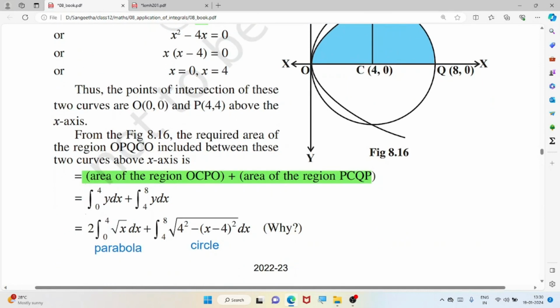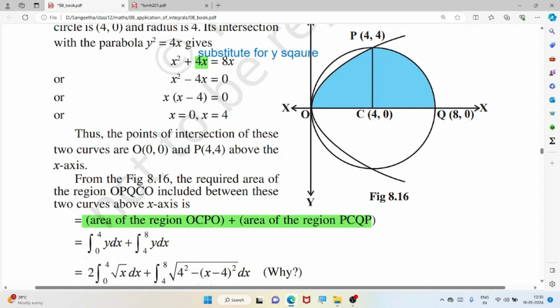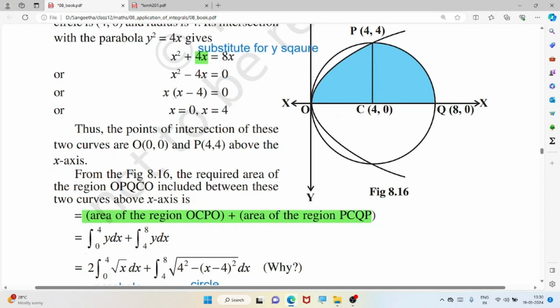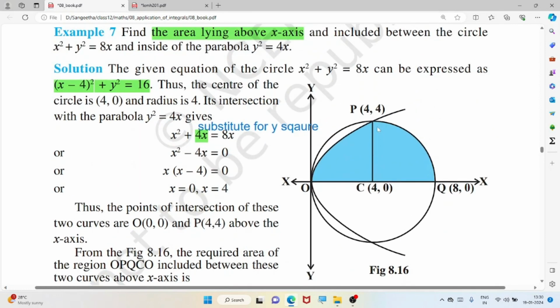So this is how they compute the final area: area of OCPO, that is the curve, the parabola, plus area of PCQP. There is no parabola here, only parabola and circle.